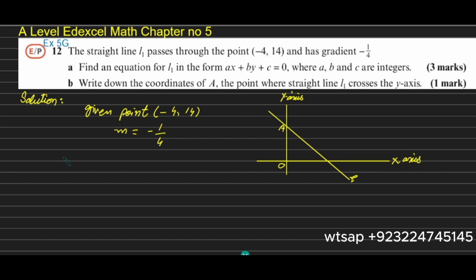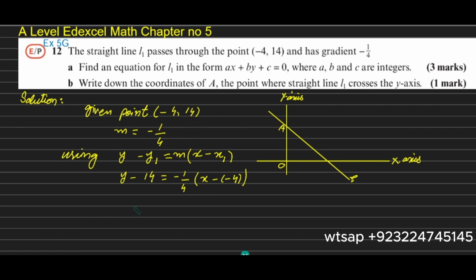So we use y minus y1 equal to m into x minus x1. Now apply the values of the point and gradient. y minus, as y1 is 14, we write 14, and the gradient is minus 1 by 4. x minus x1, we can see the point x1 is minus 4.